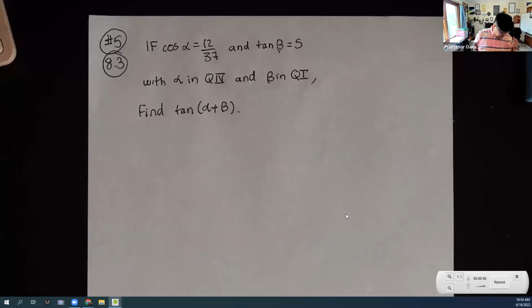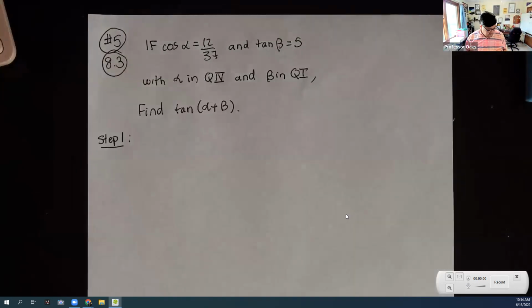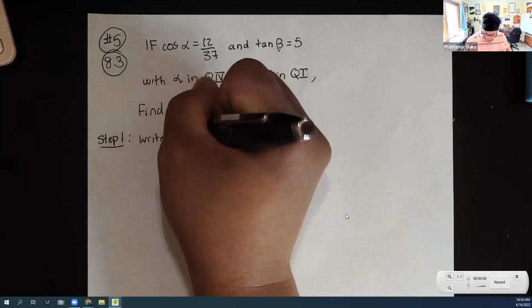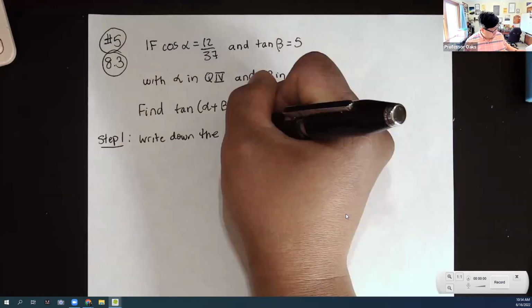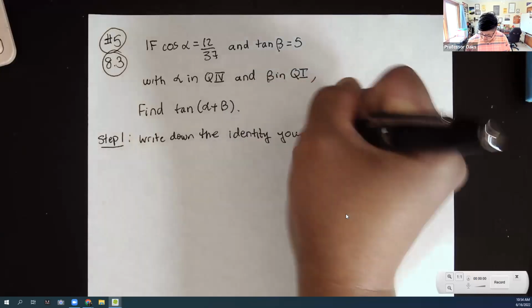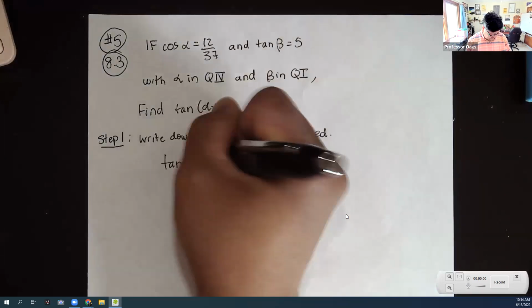All right, so the same idea will apply. Step 1, what you're going to do is write down the identity you need. So that will be tangent of alpha plus beta.